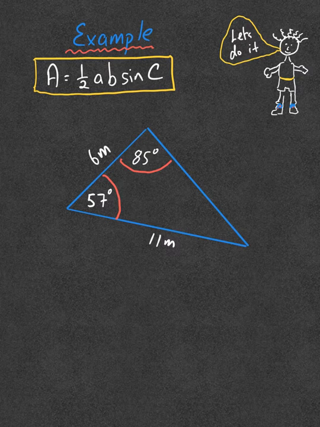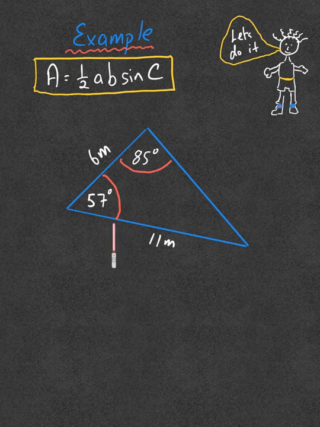Okay, here we're given a triangle with two sides known, 11 meters and 6 meters, and we're also told two internal angles of our triangle, which of course means we can calculate the third. So here to figure out the area of this triangle, a half A times B times sine C, the rule is we need the angle between the two sides.